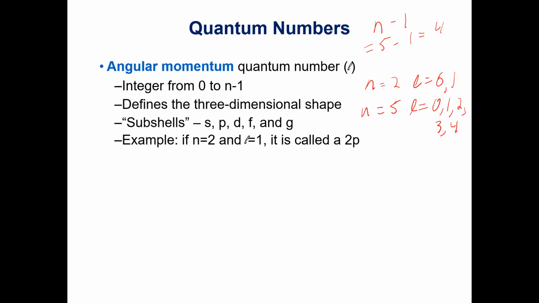L defines the subshell. The subshells are labeled s, p, d, f, and g. If L equals 0, we are talking about an s subshell. If L equals 1, that is a p subshell. If L equals 2, that is d. If L equals 3, that's f.